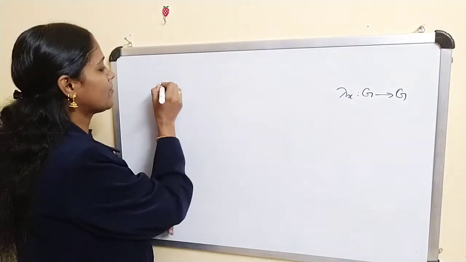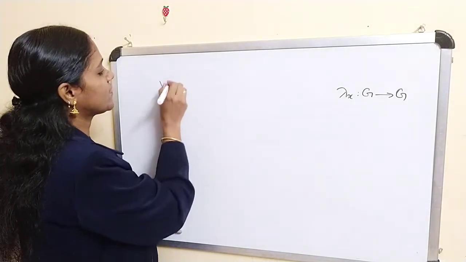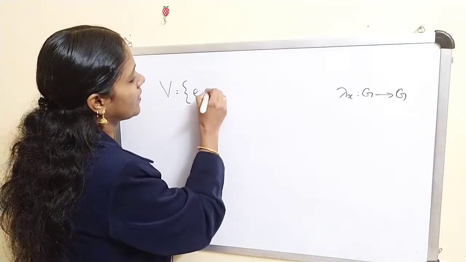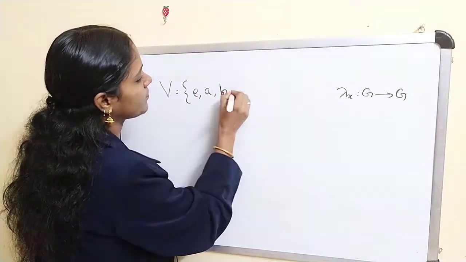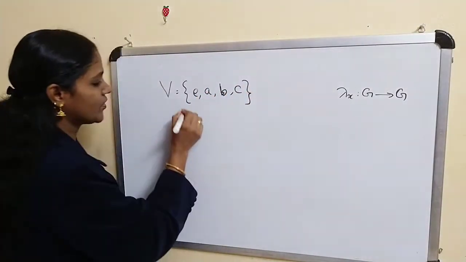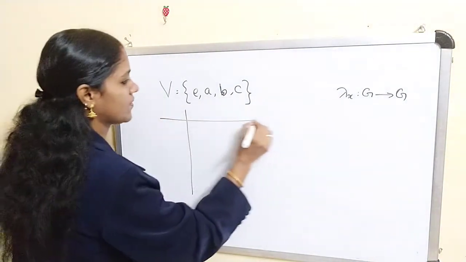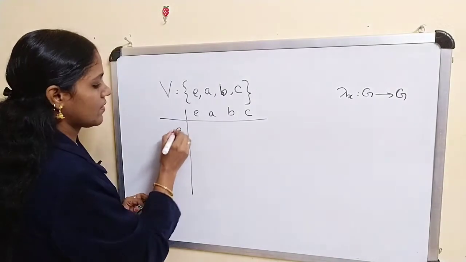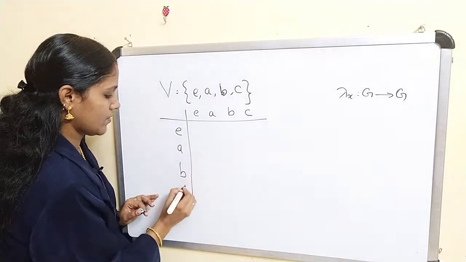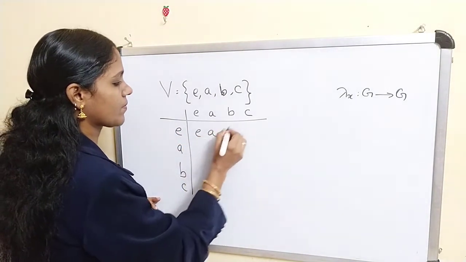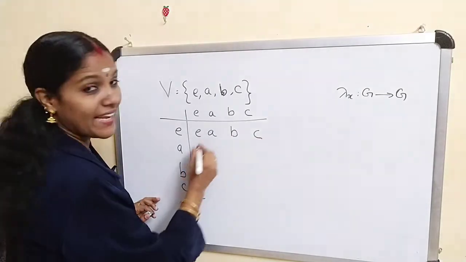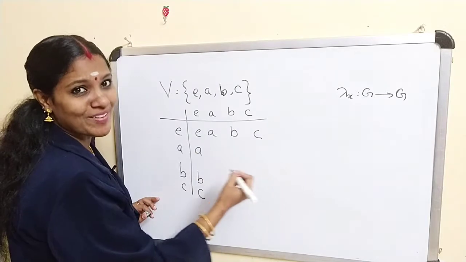Now what about the Klein four-group? Klein four-group V is equal to the set {e, a, b, c} with the operation; you complete the table.